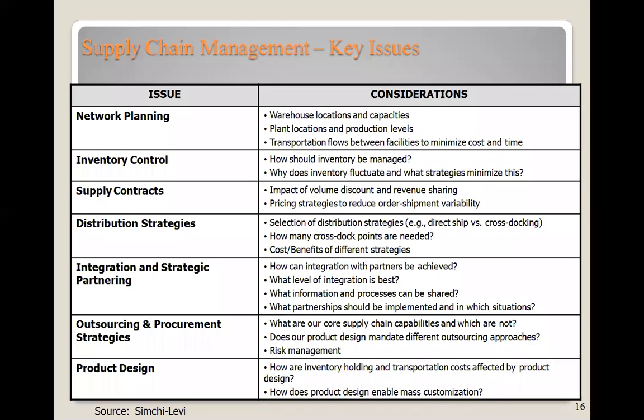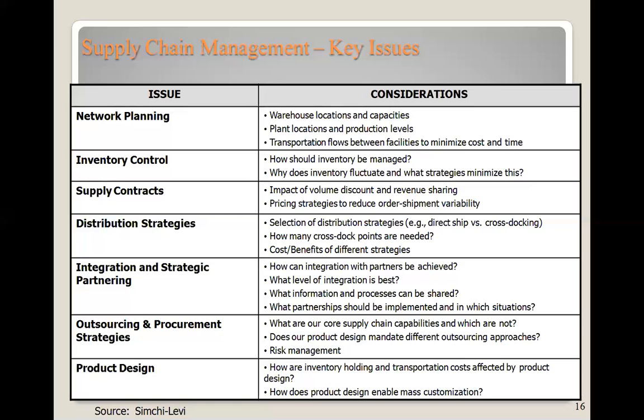Supply chain management issues and considerations: network planning, warehouse location and capacities, plant location, transportation flow, inventory control. How should inventory be managed? Why does inventory fluctuate?